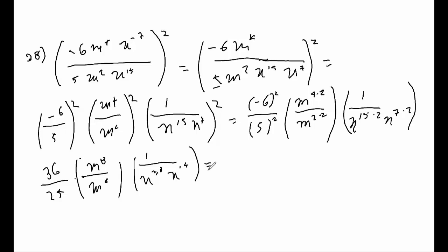And then I will continue using my various rules. So here I have 36 divided by 25, and then I use my quotient rule, 8 minus 4.